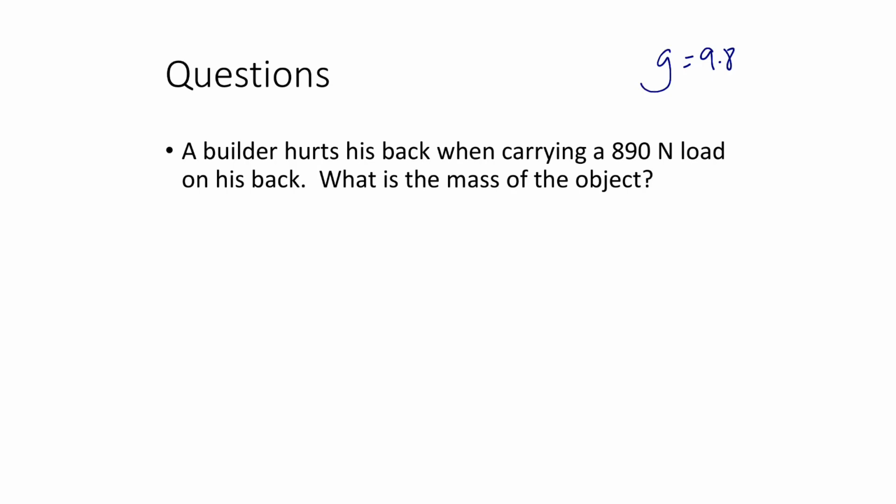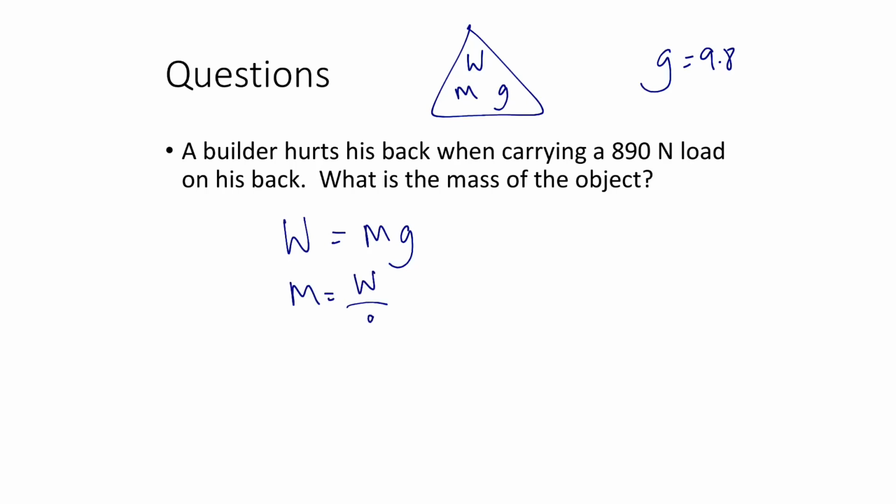Okay, hopefully you've got an answer. So we start with the equation, weight equals mass times gravity, and then we need to rearrange. So we put it into our triangle if we need to. So mass equals weight divided by gravitational field strength. The unit of weight is a force, so we're looking for anything with a newton next to it.